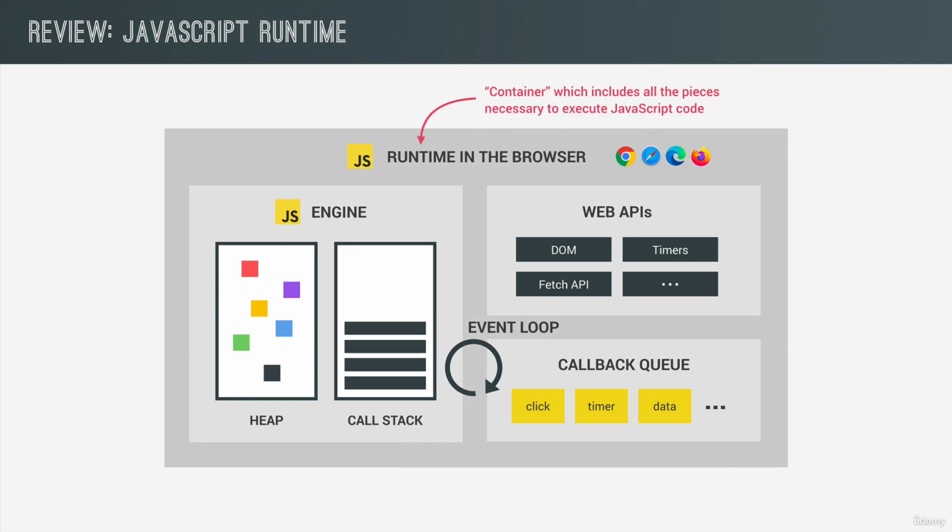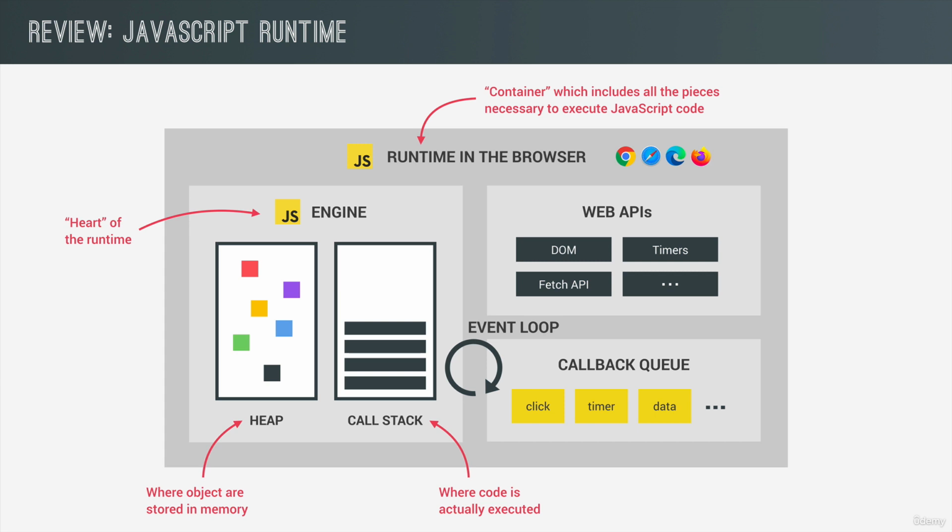So a JavaScript runtime is basically a container which includes all the different pieces that are necessary to execute JavaScript code. Now, the heart of every JavaScript runtime is the engine. So this is where code is actually executed and where objects are stored in memory. So these two things happen in the call stack and in the heap.